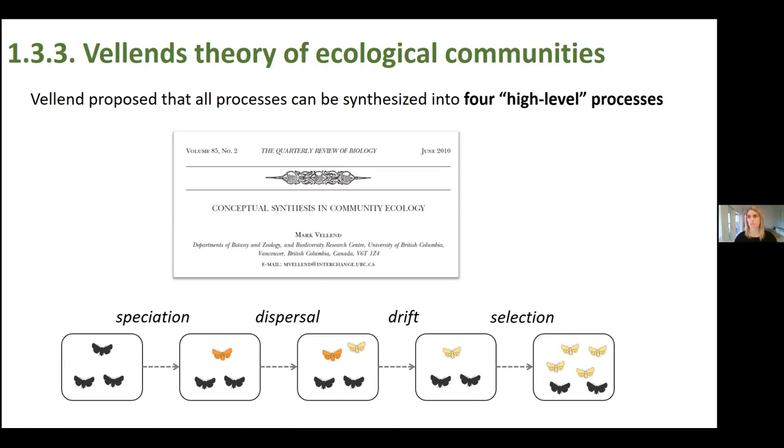All the processes that are acting in shaping our ecological communities, we can synthesize into just four high-level processes. These are speciation, dispersal, drift, and selection.